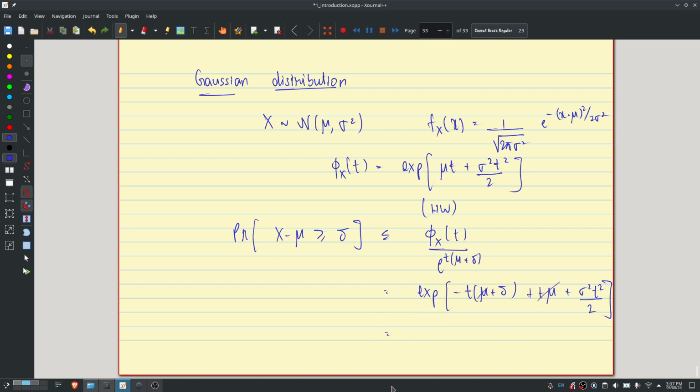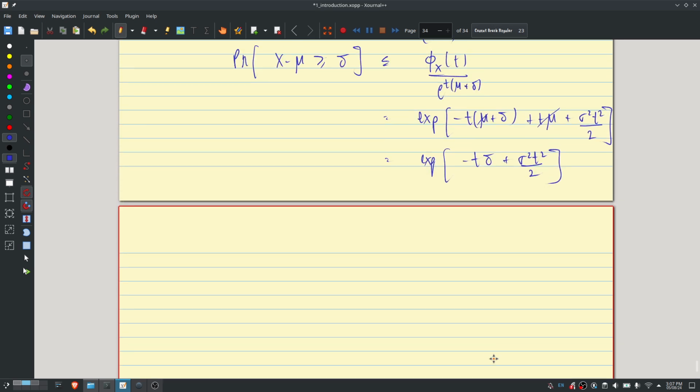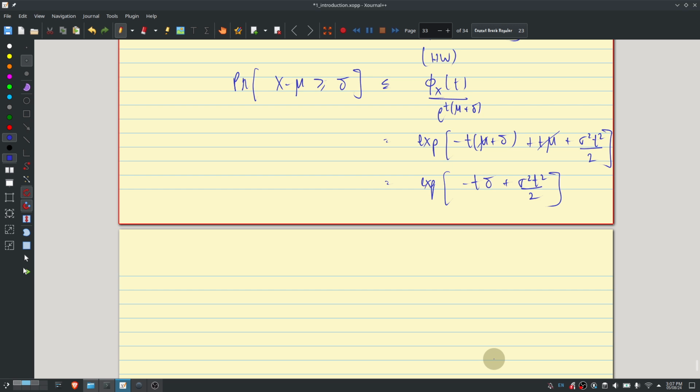T times mu cancels. So it's just e raised to minus t times delta plus sigma square t square divided by 2. Alright, so this is fine. Now this is true for every t, right? So I can choose the best possible t, which gives me the best possible upper bound.